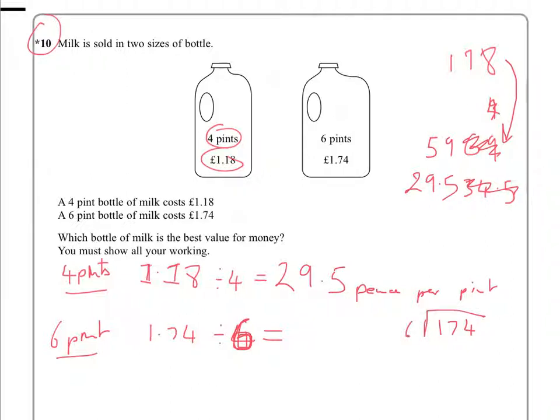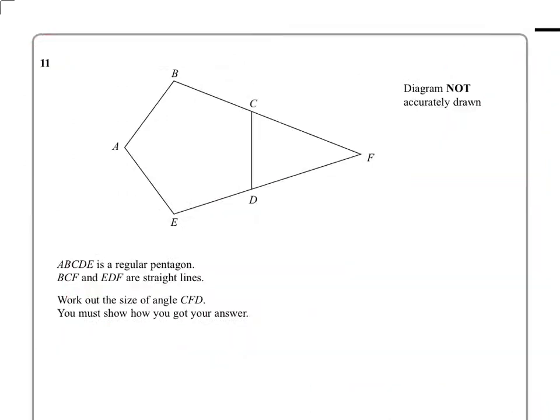How many 6s fit into 174? But whichever way we do it, how many 6s fit into 17? That's 2, and 5 left over. How many 6s fit into 54? That's 9. So it's 29 pence per pint. So the 6-pint bottle is cheapest.